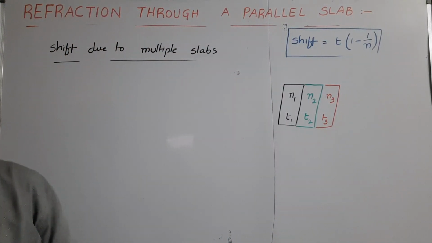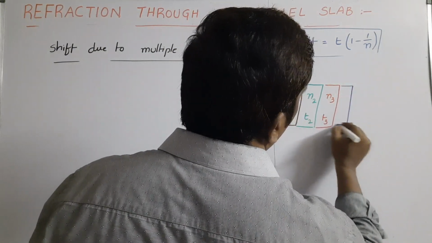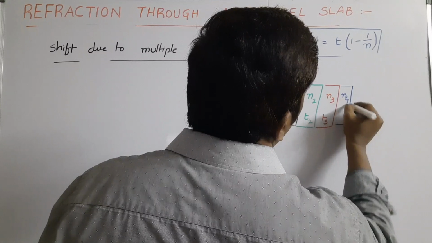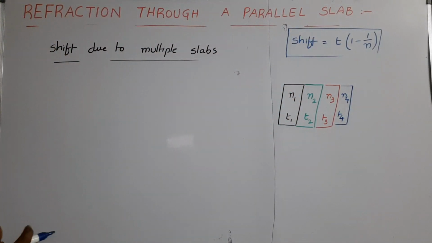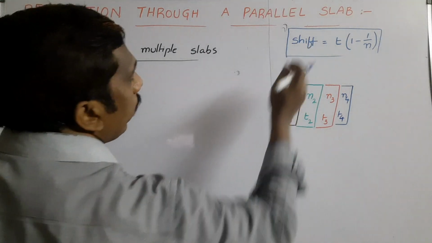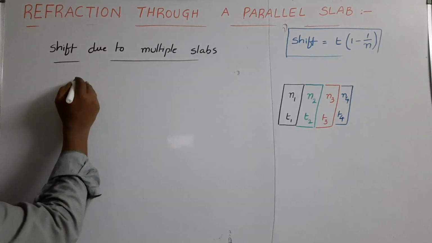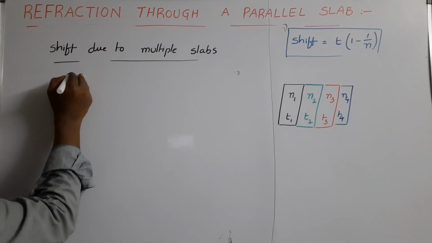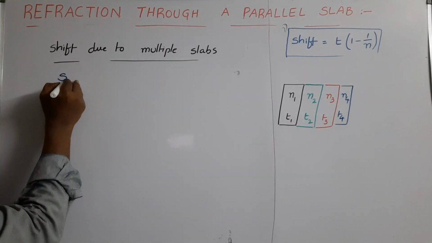Next, another glass slab you take. Its refractive index is n4 and the thickness is t4, like this. So then, the shift due to multiple glass slabs. We already know the shift due to each glass slab, so we add them. Suppose the shift due to the first slab is S1.